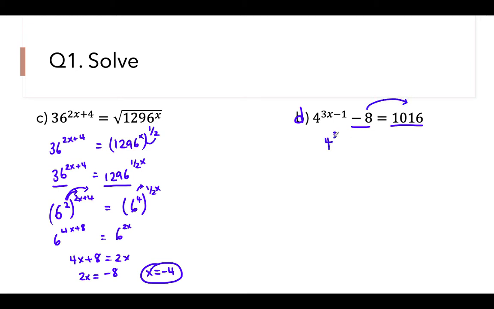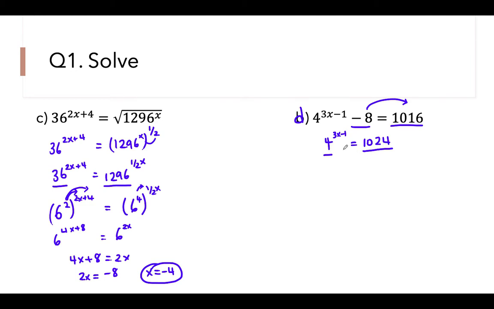So 4 to the 3x minus 1 equals positive 8, so it's 1,024. Now that I collected like terms, we have base 4. I'm going to see if I could change 1024 into base 4. But unfortunately, it doesn't work. You're going to get a decimal. So then you're going to keep going down.